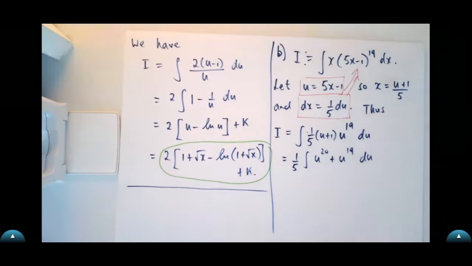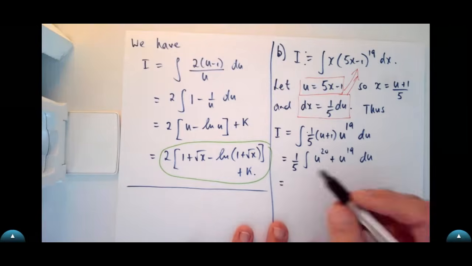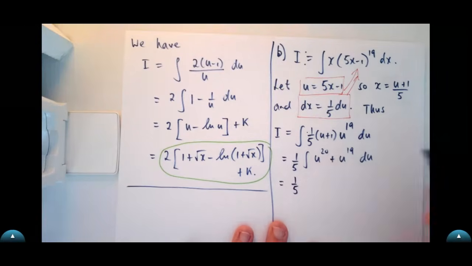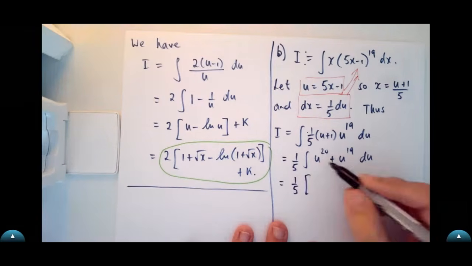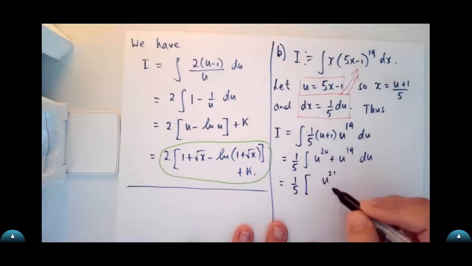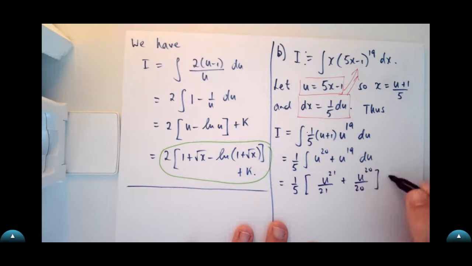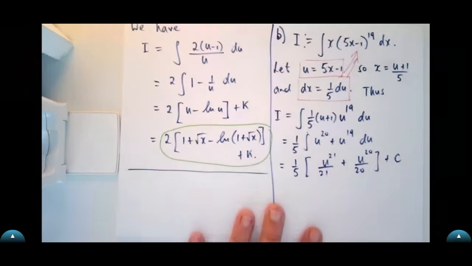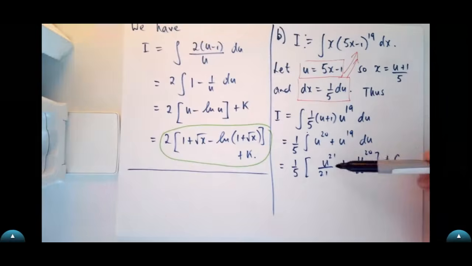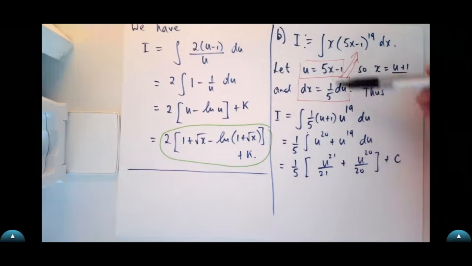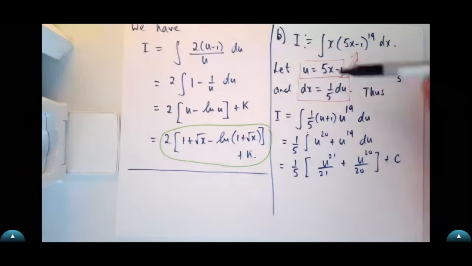Okay, so let's do that. So this is going to be u to the 21 over 21 plus u to the 20 all over 20 plus some constant, c. And now let's get back to our original x's.